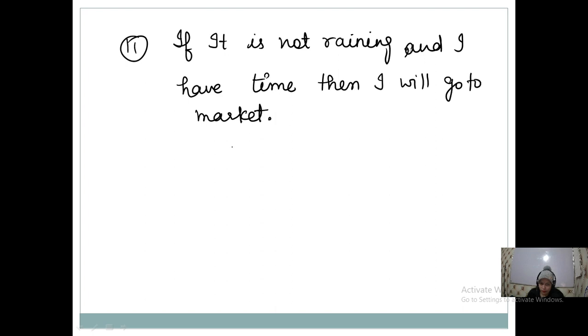This statement is solved like this. It is not raining is represented by not P, and is represented by this symbol, and I have time is represented by Q, then is represented by the implies symbol, and I will go to market is represented by R. Thus you can solve this proposition in symbolic form.